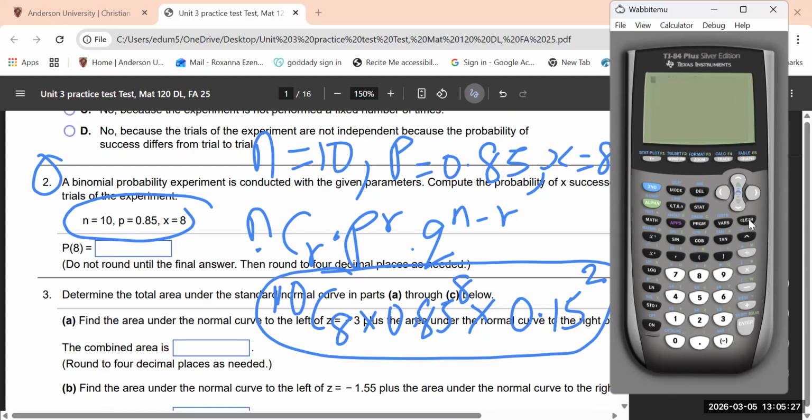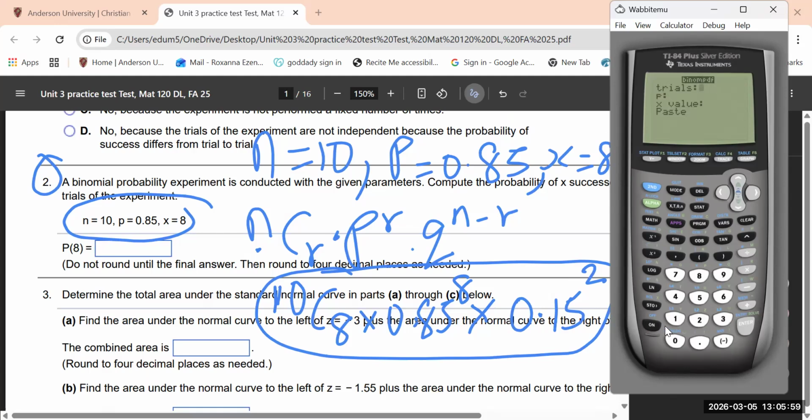So what I'm going to do is go to my binomial PDF. Second, distribution, and we select binomial. Because it's a binomial PDF, which is one single probability, I'm selecting binomial PDF.